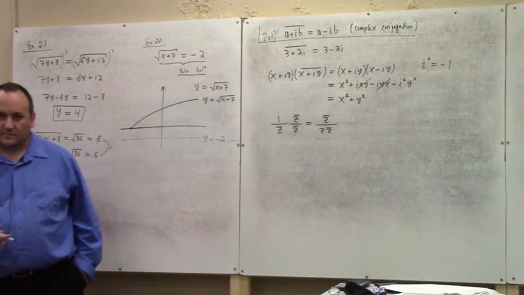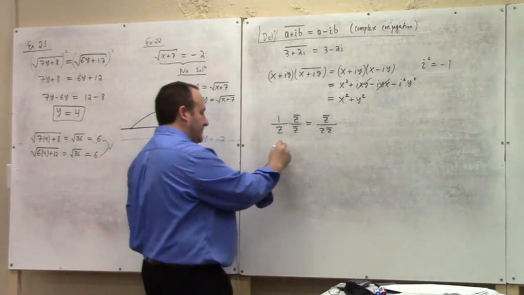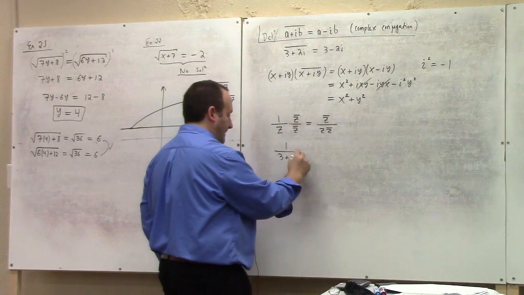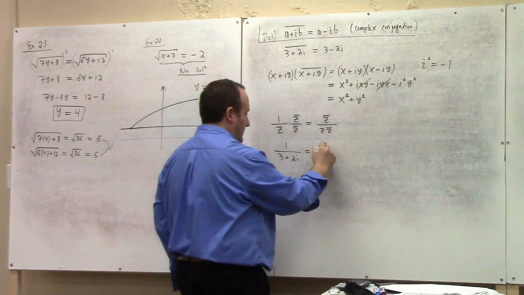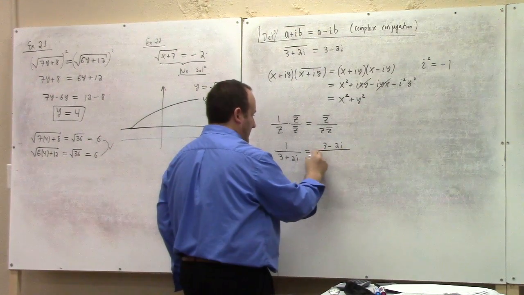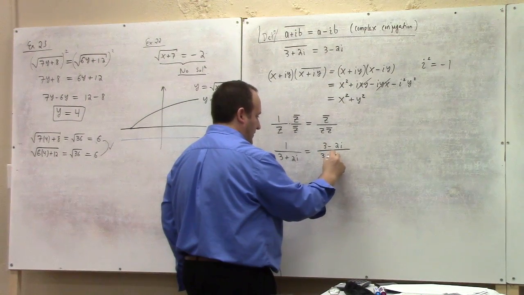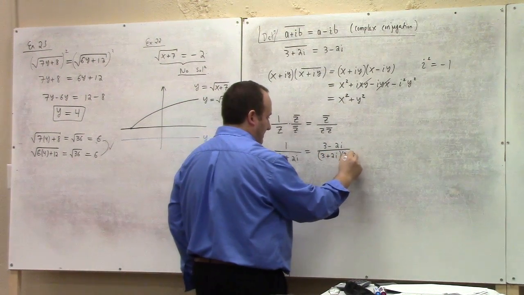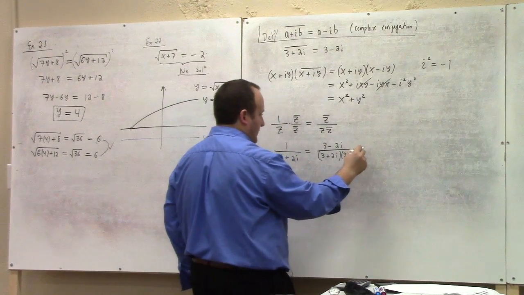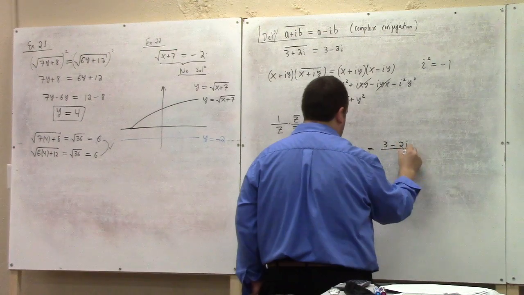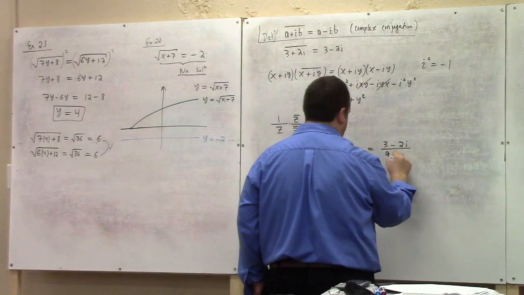Let me put numbers in. If I do 1 over 3 plus 2i, that's 3 minus 2i over (3 plus 2i) times (3 minus 2i), which is 3 minus 2i over 9 plus 4.